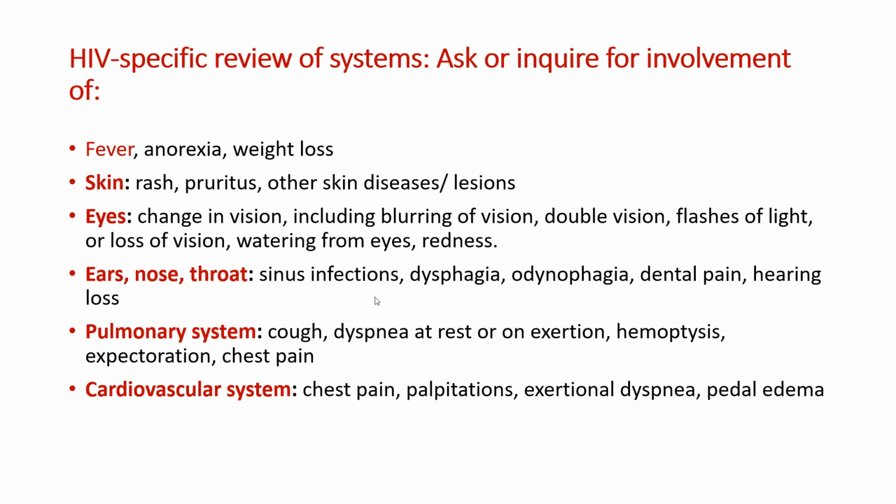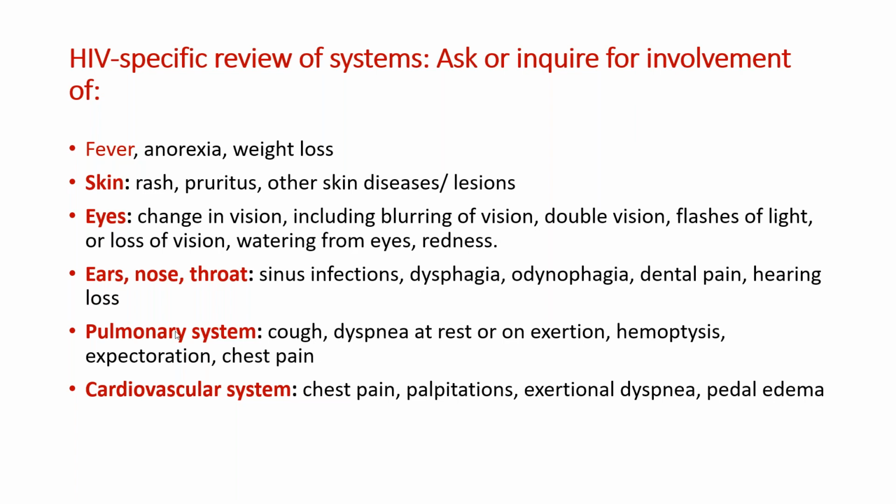Ask for ENT involvement in the form of dysphagia, odynophagia, dental pain, hearing loss, something like that. Always ask symptoms relating to respiratory involvement. Ask about cough, dyspnea at rest or on exertion, hemoptysis, expectoration, chest pain.